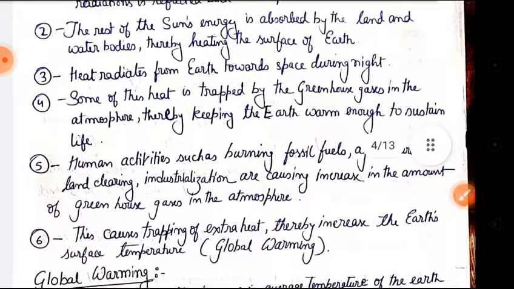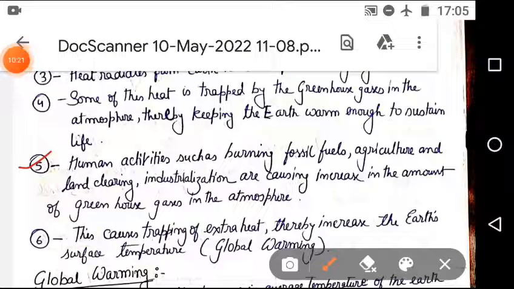And number 5 and number 6. In number 5 it is saying that human activities like burning of fossil fuels, agriculture, land clearing, and industrialization are the main causes of the increase in the amount of these greenhouse gases in the atmosphere. Land clearing means deforestation, for agriculture purposes and for urbanization purposes.